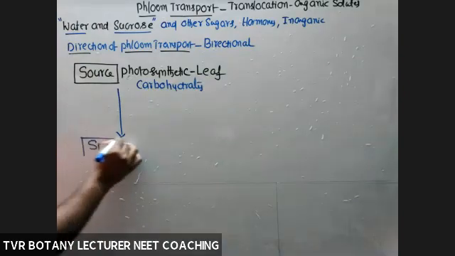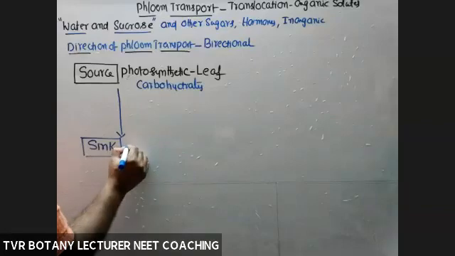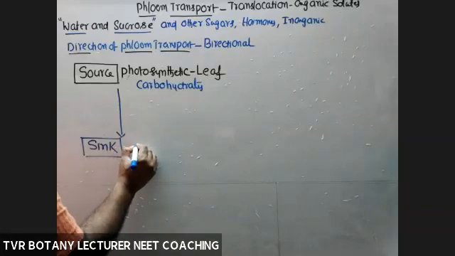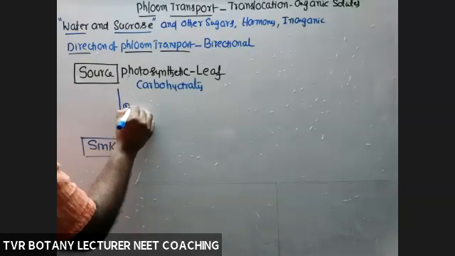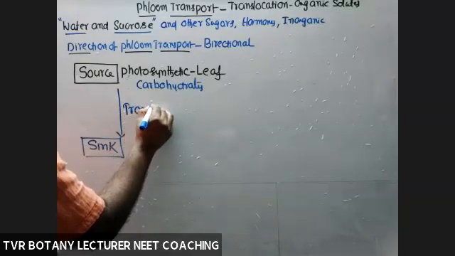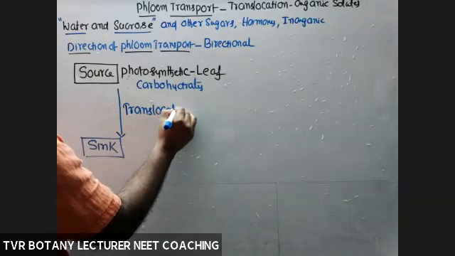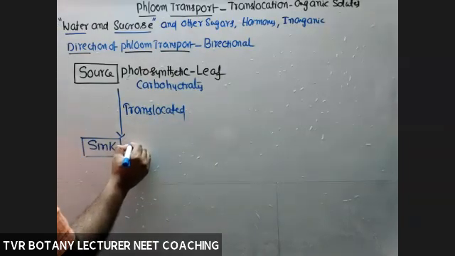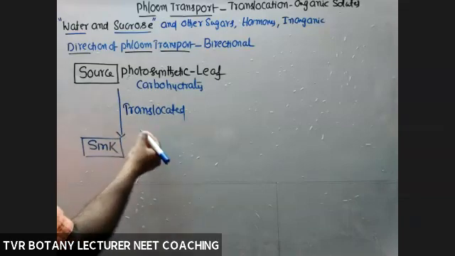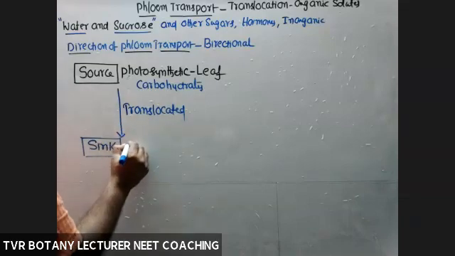So now carbohydrates are transported into the sink part. So what is a sink part? The utilizing part, the consuming part. Carbohydrates are translocated into the sink, which is able to utilize or is in need of food.